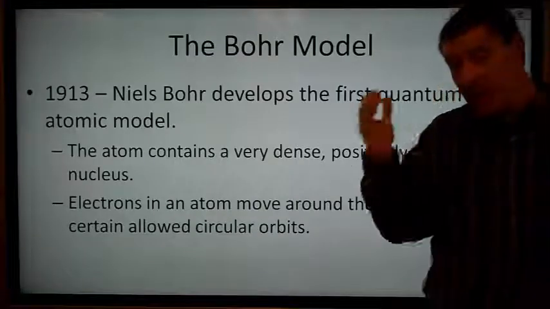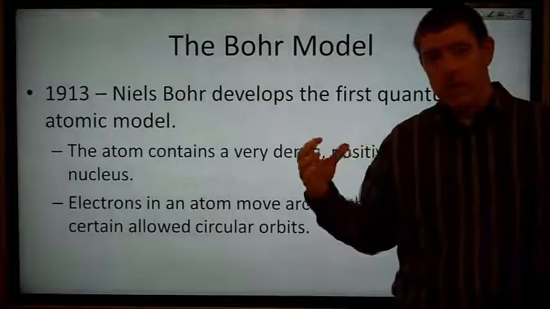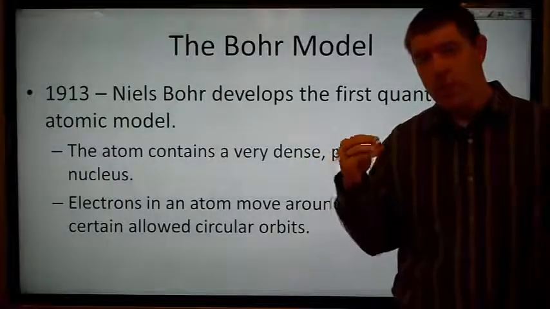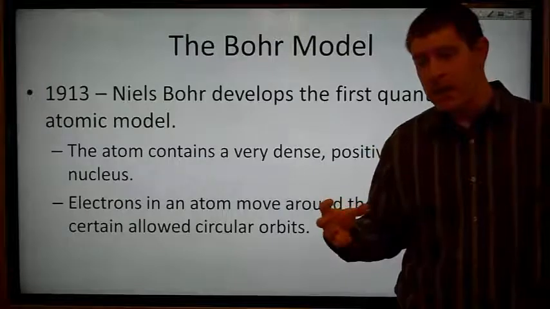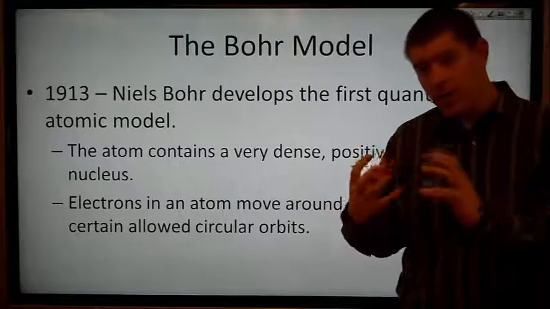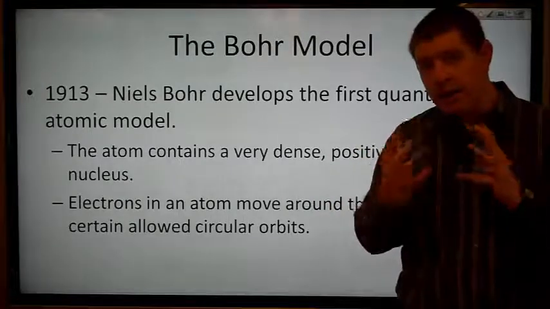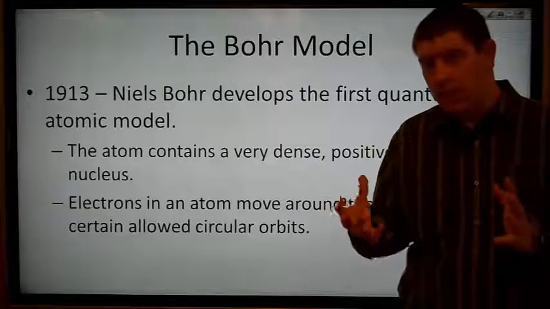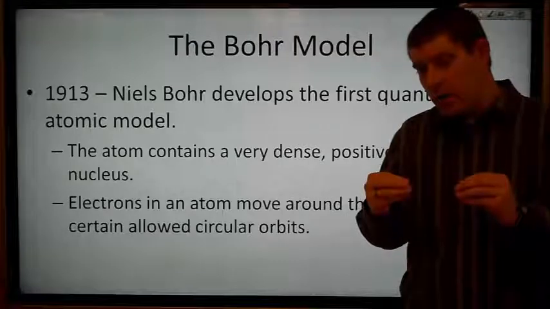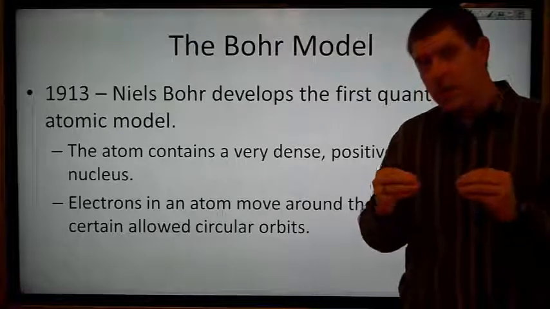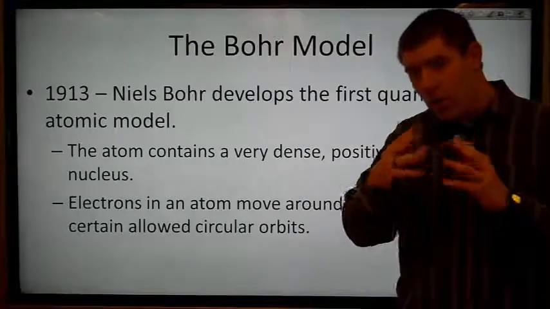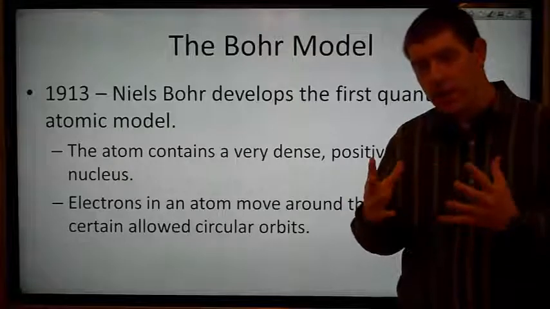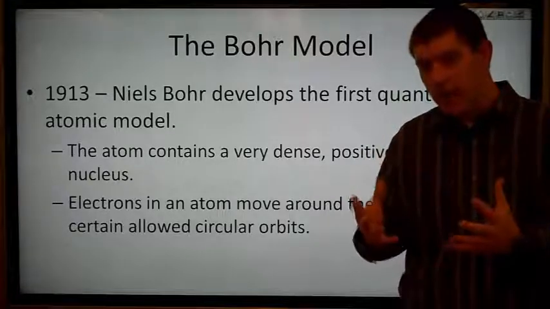So, in the last video, I explained that we have a problem with Rutherford's atomic model, in that Rutherford's atomic model allows electrons to have any energies they want, but we don't see all energies able to be emitted from atoms.